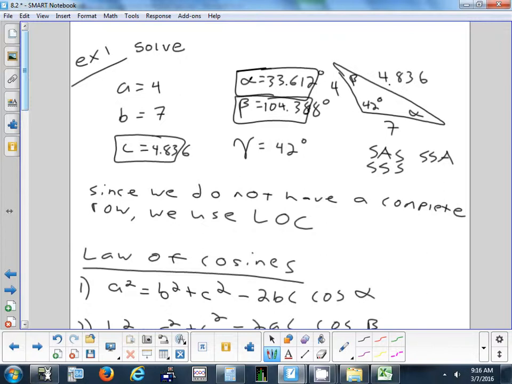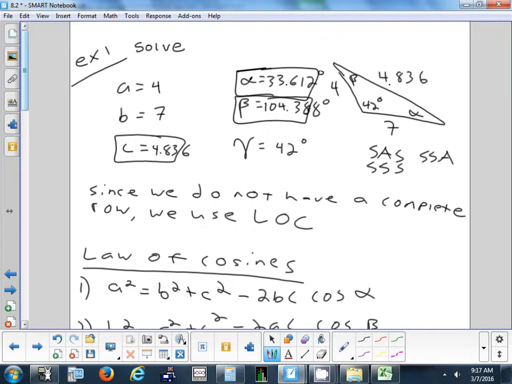But it is possible you get C right, you make a mistake with your arithmetic with alpha. But then if you went through the whole law of cosines again for beta, you might do the arithmetic right and still be able to get partial credit. So keep in mind, anytime you use something that you find, there's a chance you could get more things wrong if you make a mistake. But that is how I'm going to do it this time.